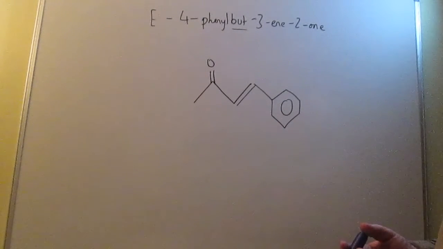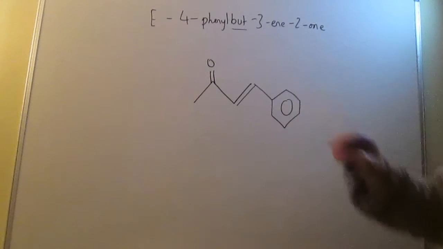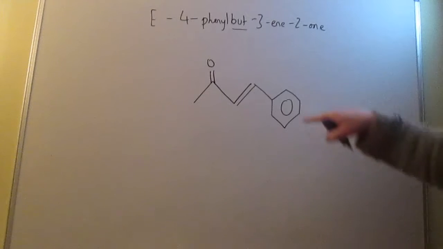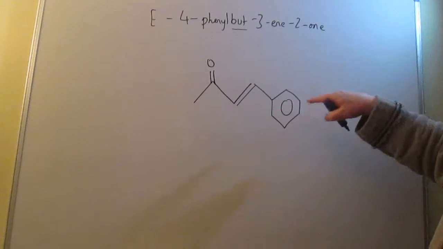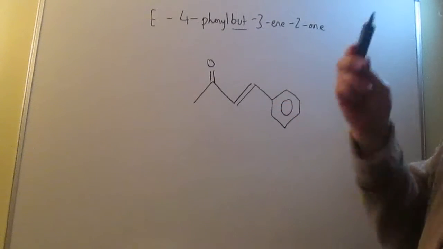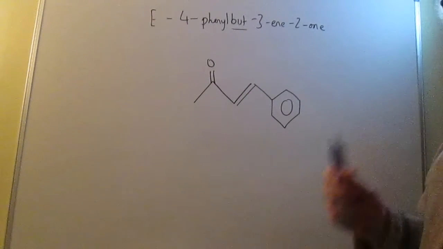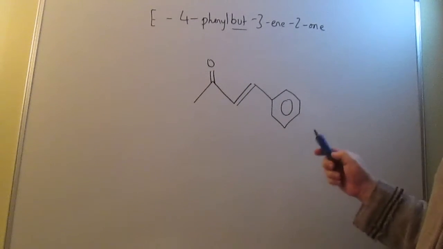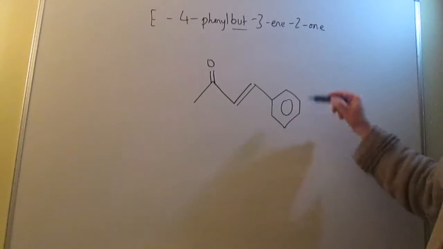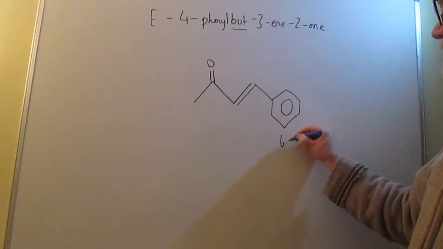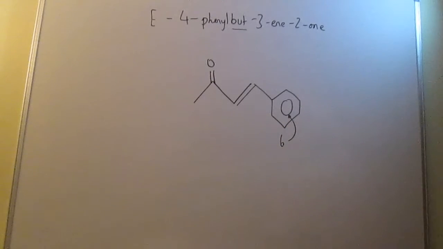Then we have to figure out how many pi electrons does it have. So remember, first of all, a benzene ring has 6. Remember the way it works, each of the carbons of the benzene ring has one of those p orbitals lined up side by side to make the delocalized system, and each of those p orbitals contains 1 electron from each carbon, so we've got a total of 6 around there. So 6 from the delocalized system.